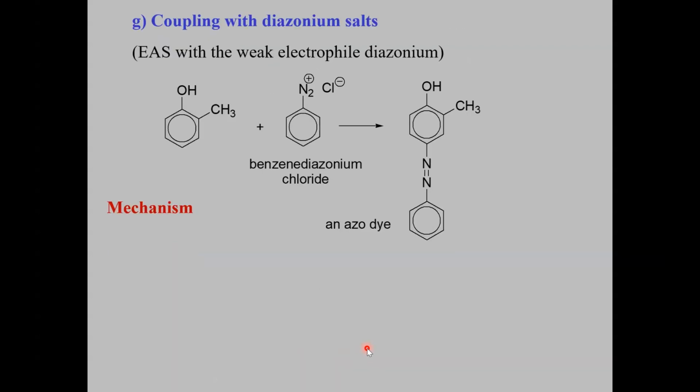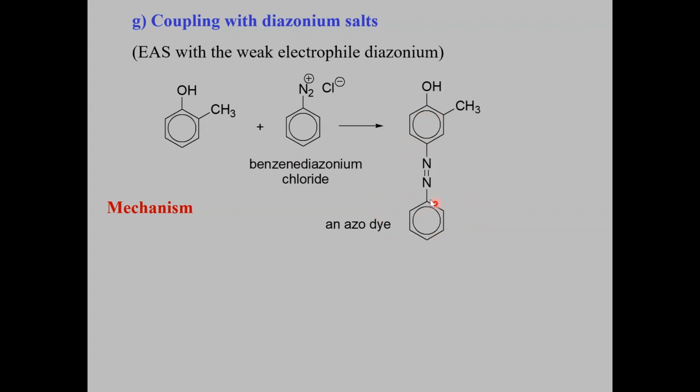Another reaction which is shown by phenol is the coupling reaction with diazonium salt. Here, the diazonium chloride is also a weak electrophile. Phenol reacts with benzene diazonium chloride to give an azo derivative.